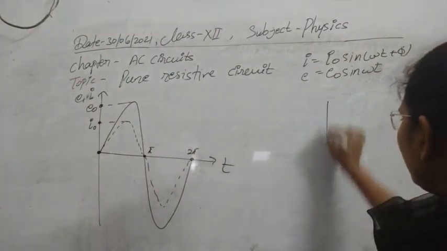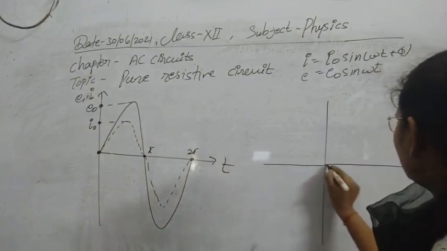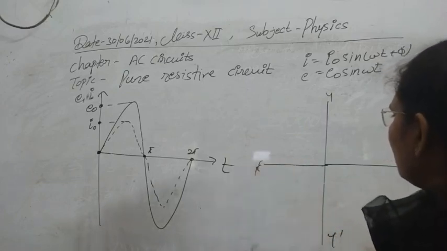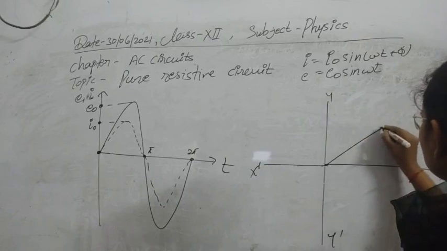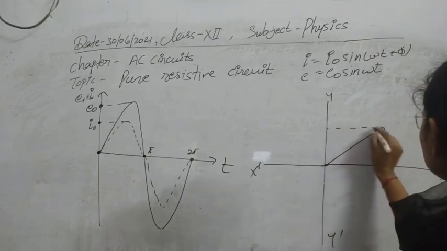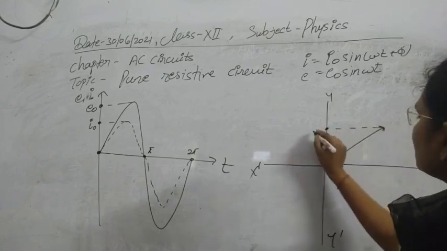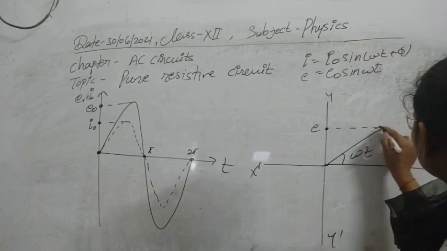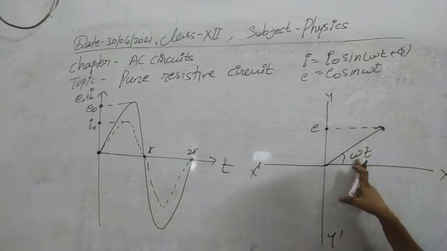Now if we have to make the phasor diagram, to represent it by the phasor diagram, this is our x-axis, this is the y-axis. Suppose this is the vector that is representing alternating voltage, E, and the angle between these two at any instant t is rotating by some omega t.